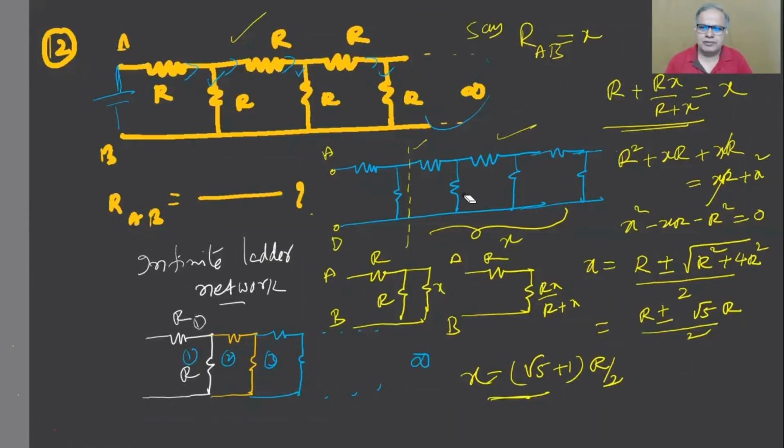Do you follow? Yes, sir. Taking two and doing it will be slightly longer, but you'll end up with the same equation, same value. If you want, you can check it.